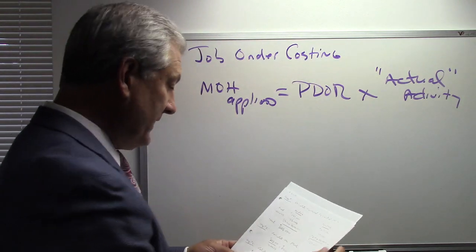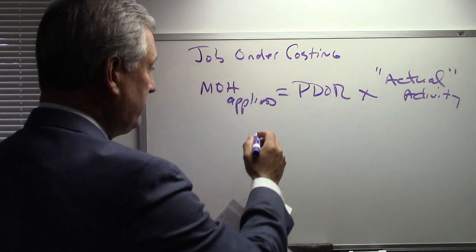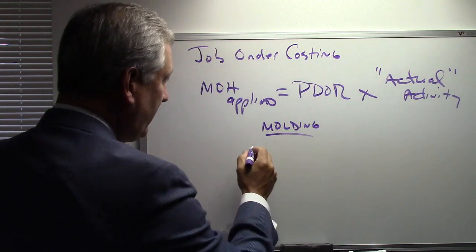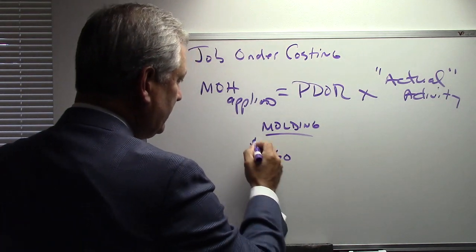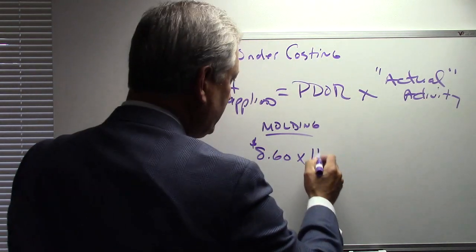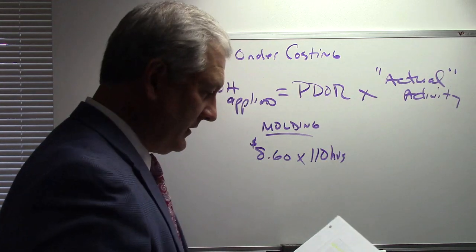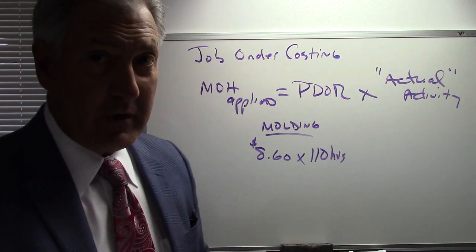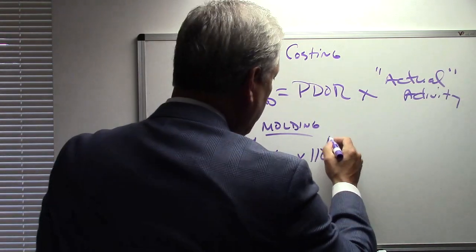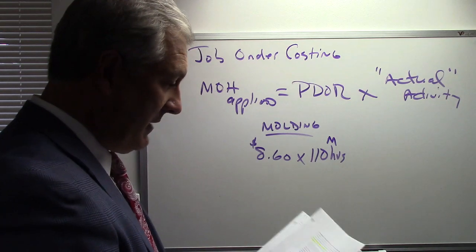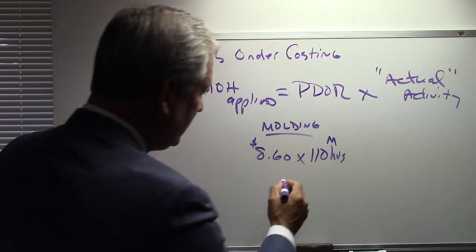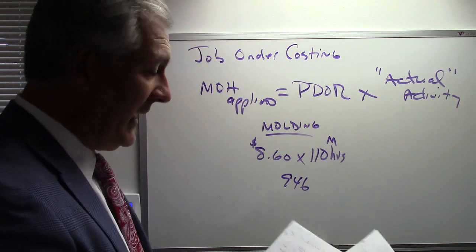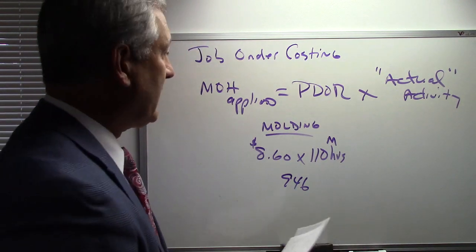So for the molding department, we're going to have a rate of $8.60 times the actual activity, 110 hours. Let's remember, the molding department is using machine hours. So the amount that's going to be included there is $946.